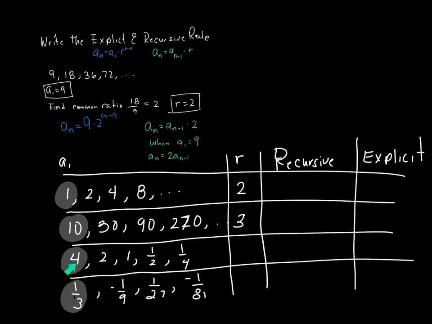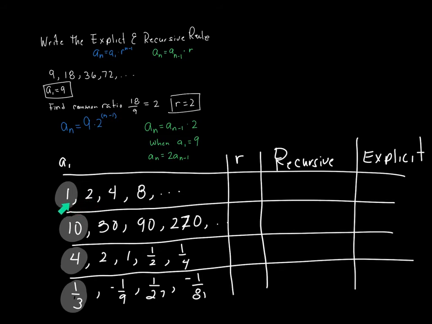2 divided by 4, and it has to be in this order, and this ratio is a fraction, so that ratio is 1/2. And then the last one is negative 1/9 divided by 1/3, which means multiply by 3. So these are all of the same sequences that we looked at in the beginning of the lesson. So let's just go back and make sure we label everything. Remember, the first term in every sequence is a_1. And the ratio, r, which we need to find for all of them, is just one term divided by the previous term.